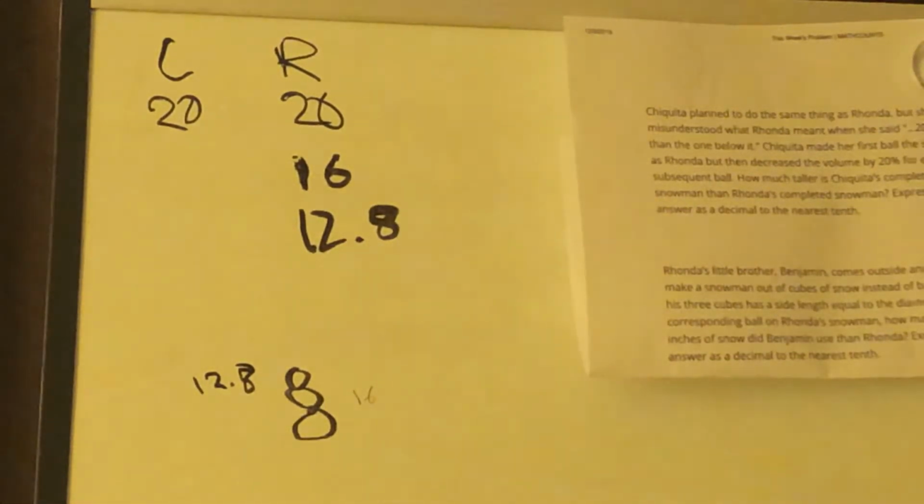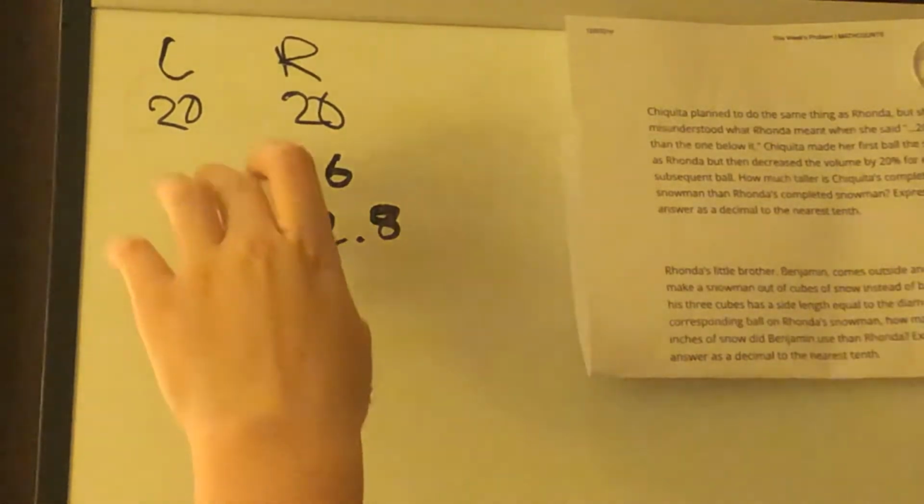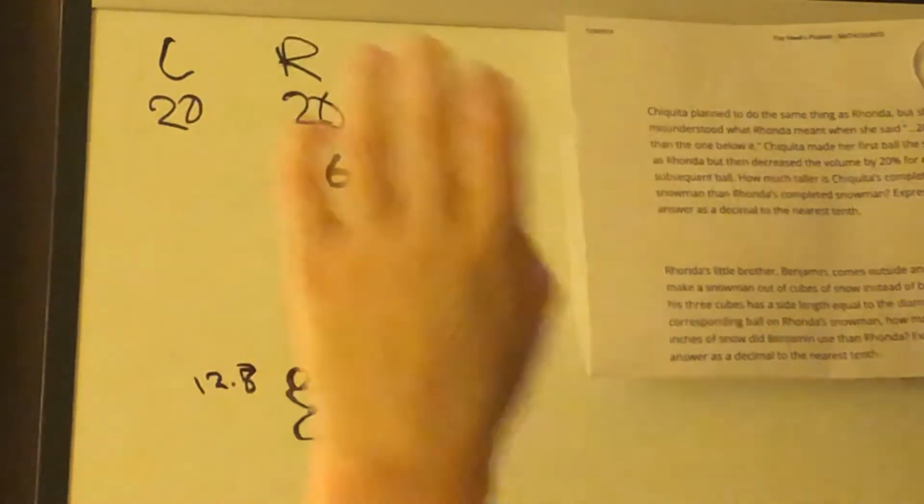Now we're working in 3 dimensions. So we are going to multiply 20 by the cube root of 0.8. Once we get how that works, we can then get to the next one.